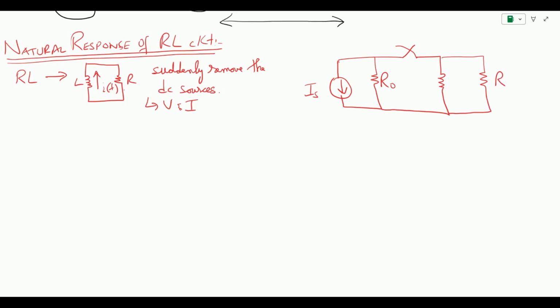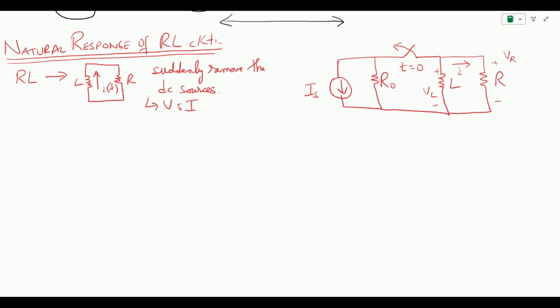So this is your R, this is your L, and here the switch is at t equals 0, t equals 0 being an arbitrary value. The voltage appearing across the inductor will be VL, and the same will appear across the resistor. We call this VR. The current is flowing in this direction. So this is a simple circuit to understand the natural response of an RL circuit.